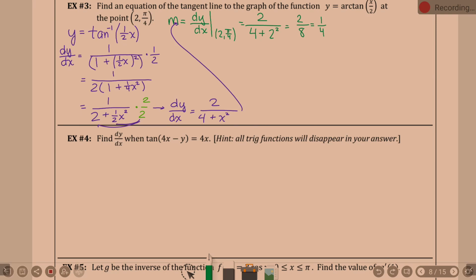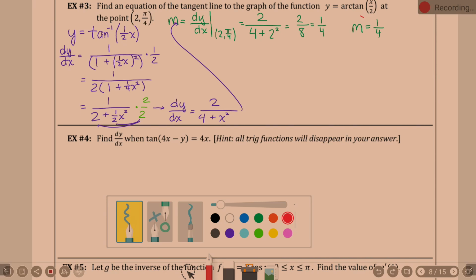Do some math, and you might have a slope that matches mine, right? So, what do we have?